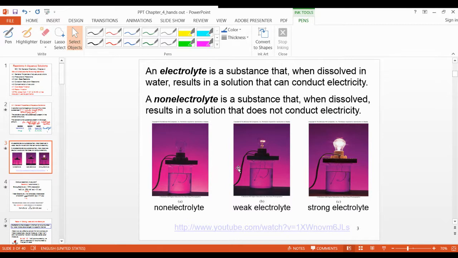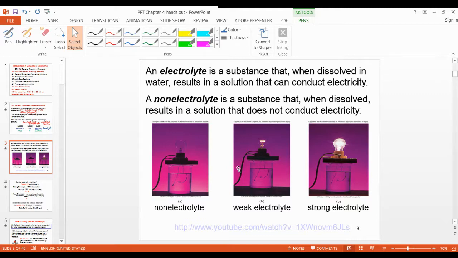If your solution is weak, meaning fewer plus and minus ions, the light becomes weak, like this, a dim light. A solution which has no ions is known as a non-electrolyte, and you will not get light, because there are no cations and anions present in the solution.